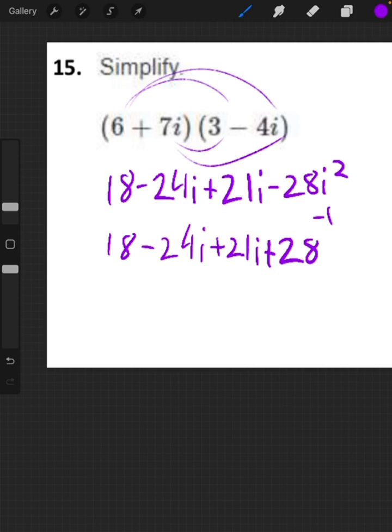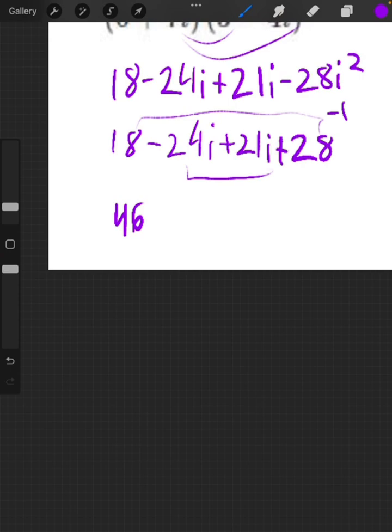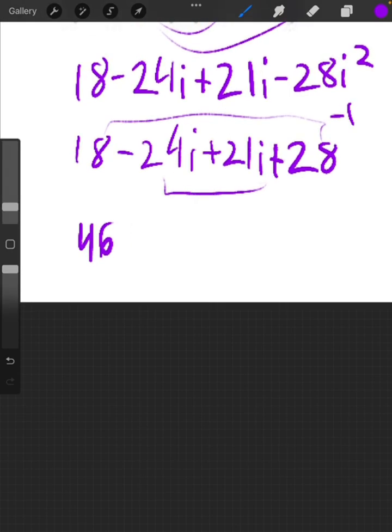So now all we have to do is combine like terms. 18 plus 28 would be 46. And then negative 24 plus 21 would be negative 3.